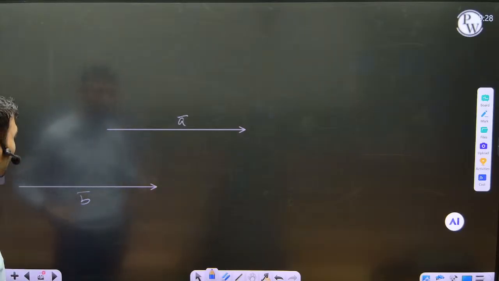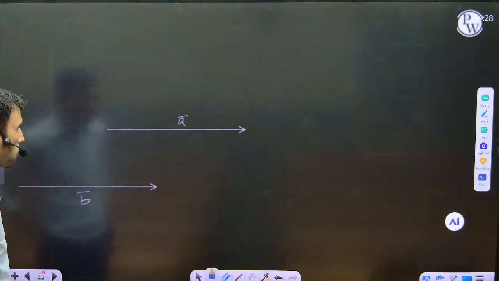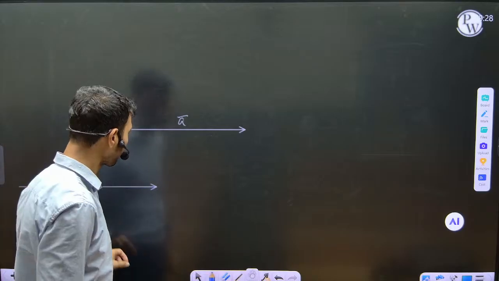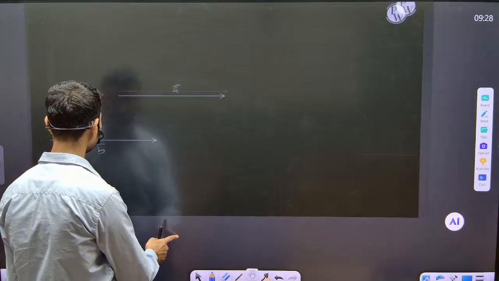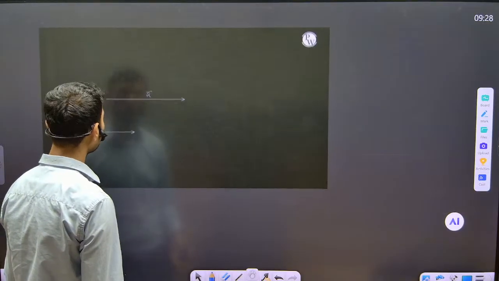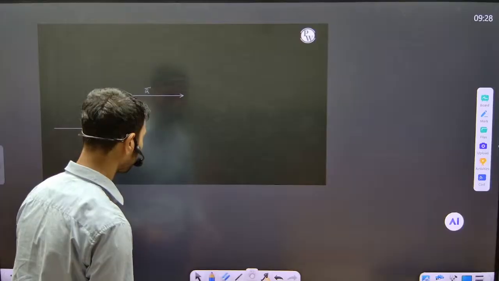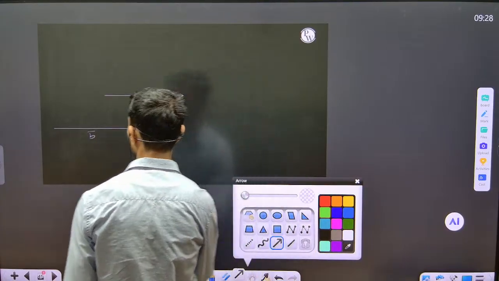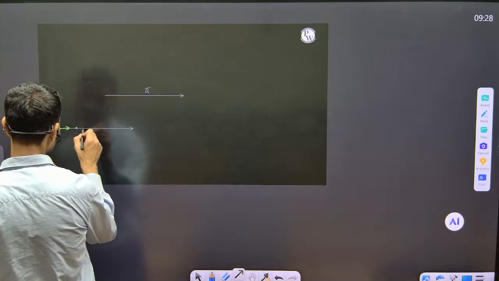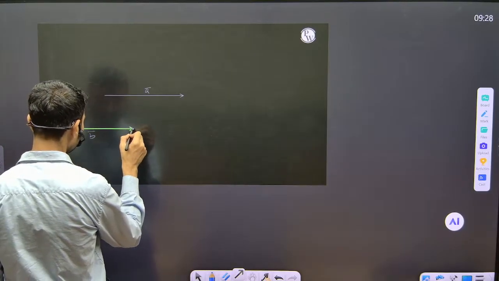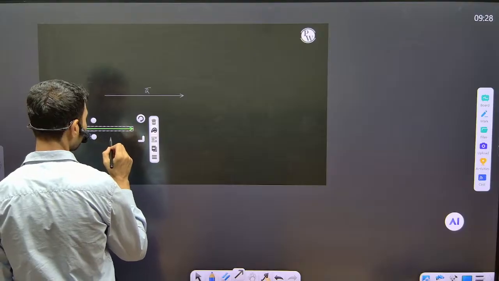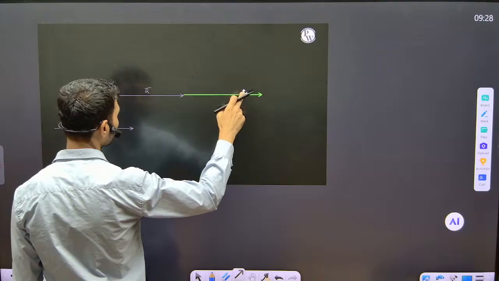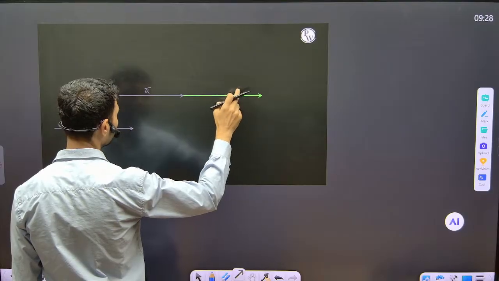Now let us see how to add these two vectors, A vector and B vector. We have to add them. So how do we add them? We take one of the vectors, perform parallel shifting, ensuring that the head and the tail are together, and there you can see they are together, right?